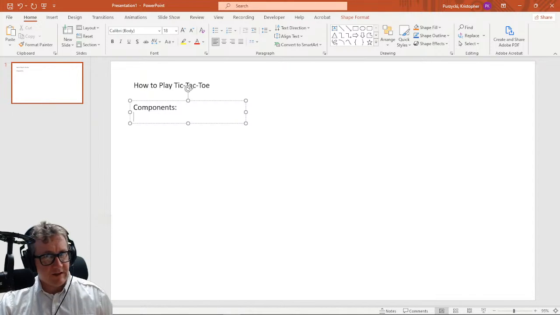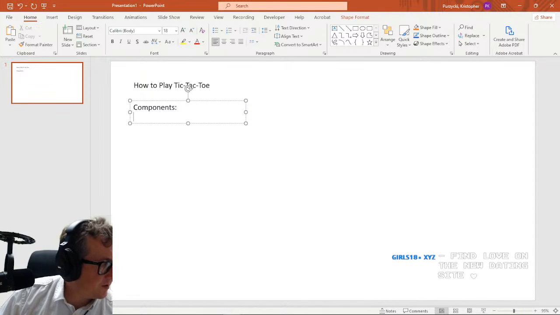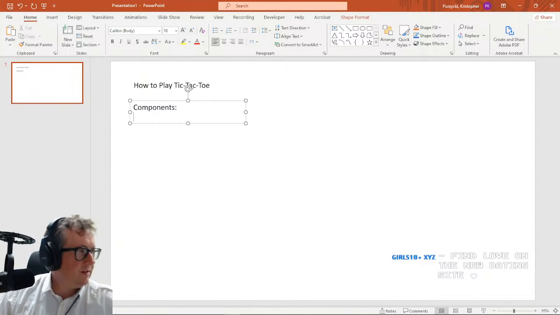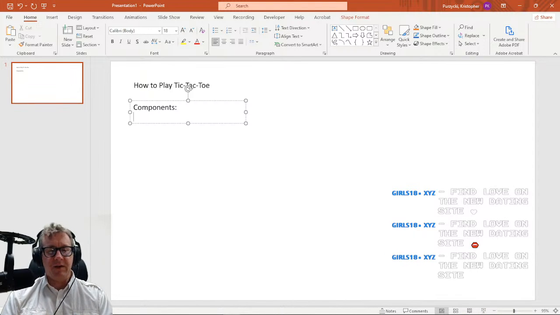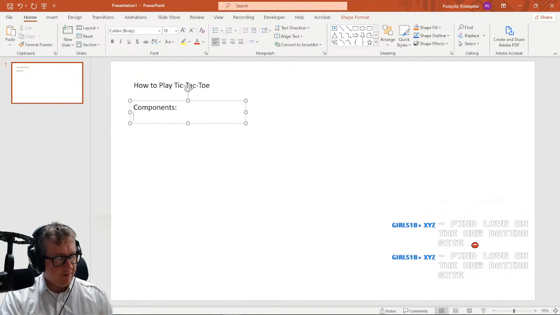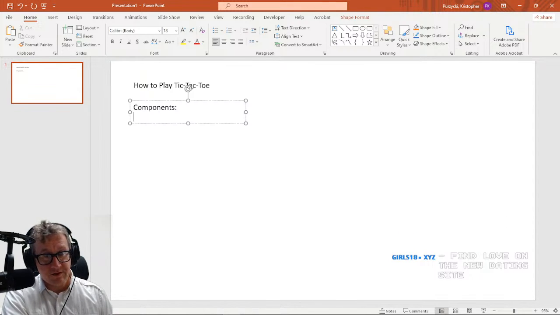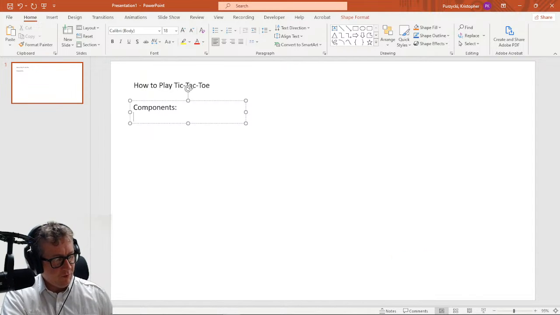Again, tic tac toe is an extremely simple example, but I've got a pile of games over here. So let's say we take Uno, for example. What are some of the components? Some cards, and the cards have certain qualities, certain structures attached to them, and the rules. Now, the rules for Uno are a little bit more complicated.